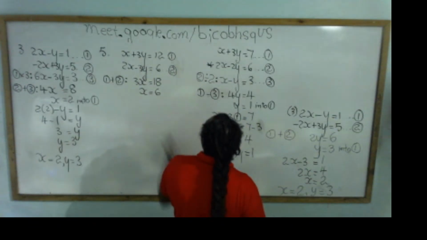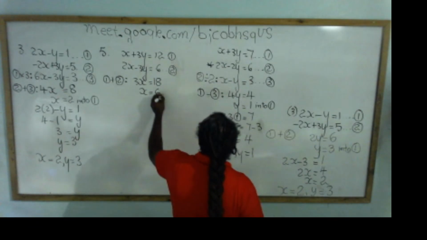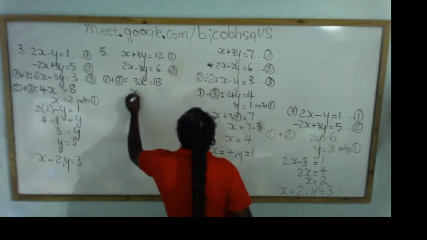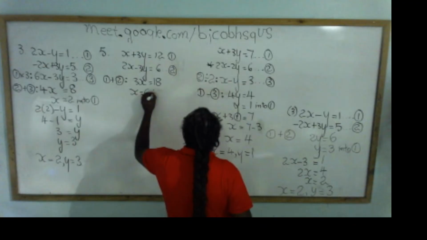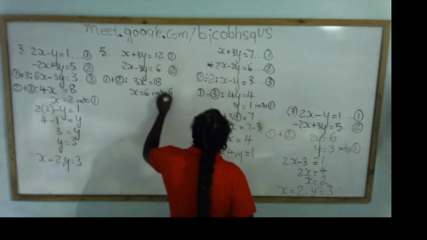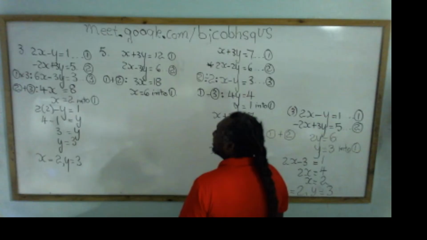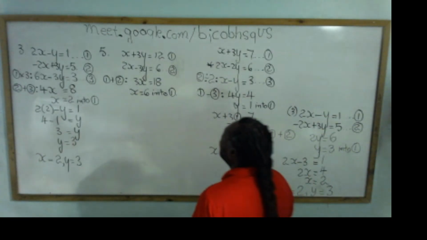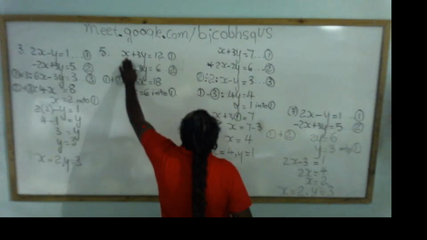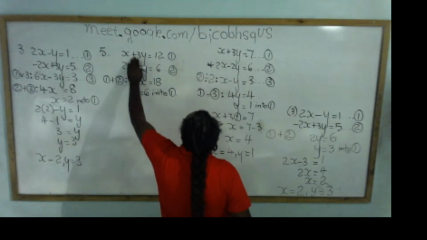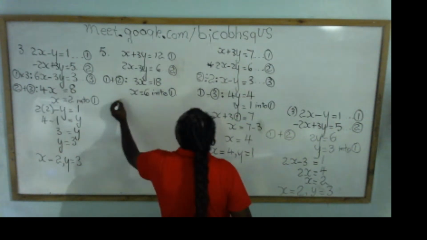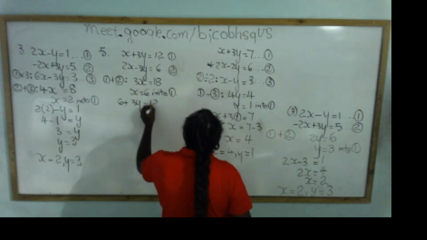And I would want to put that into equation 1. So x is equal to 6 into equation 1. Where we see x in equation 1, we replace that with 6. x plus 3y is equal to 12. x is 6, so 6 plus 3y is equal to 12.